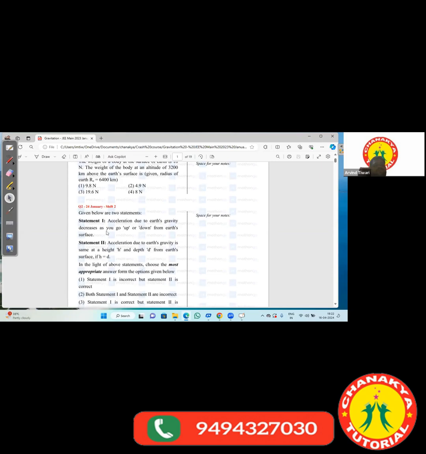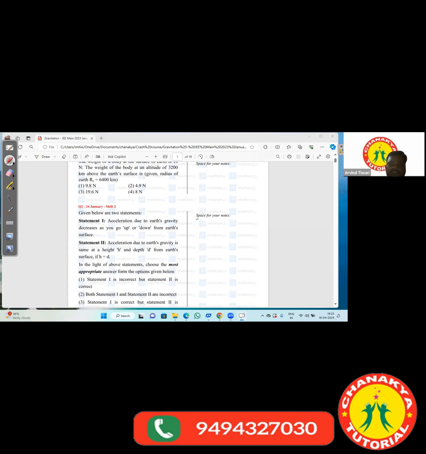Given below are two statements. Statement 1: acceleration due to Earth's gravity decreases as you go up or down from Earth's surface. So is this statement correct? Here we can use the binomial concept.